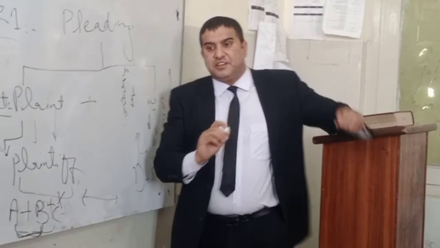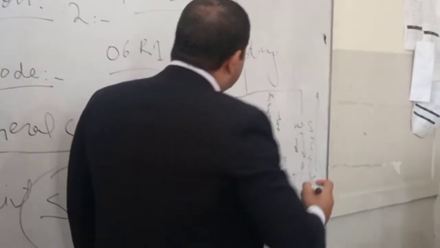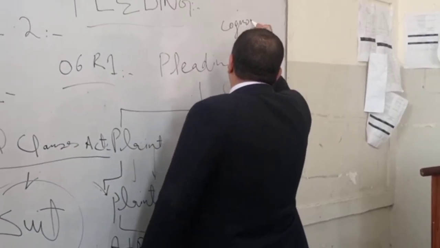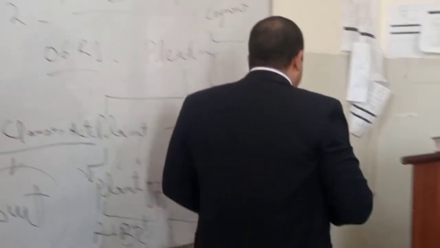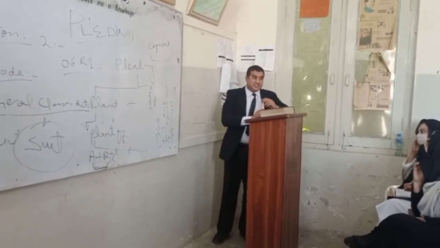And the written statement in which all the pleas of the plaintiff are accepted in toto is known as cognovit, Iqbali Jawab Dawa, in which the defendant accepts all assertions of the plaintiff.